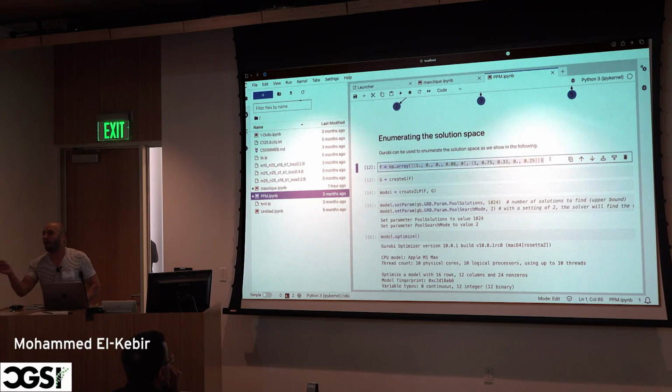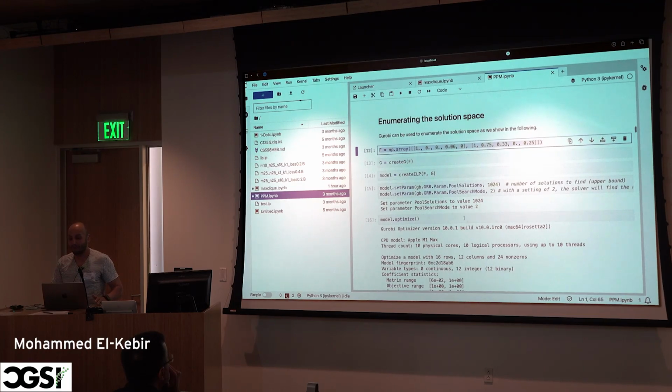You can tell it, give me all the optimal solutions. So if you have encoded your ILP in such a way that there is a bijection between solutions of the ILP and solutions to your original problem, so you have to be very careful that there are no symmetries, then you can actually use your ILP to get the complete solution space.